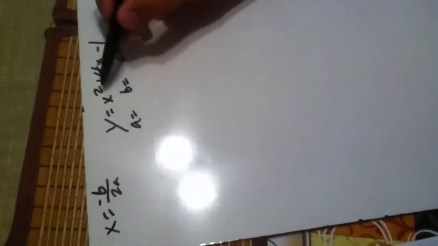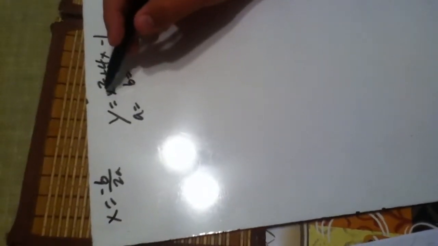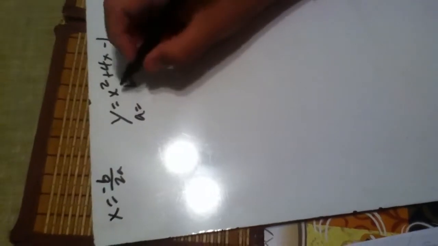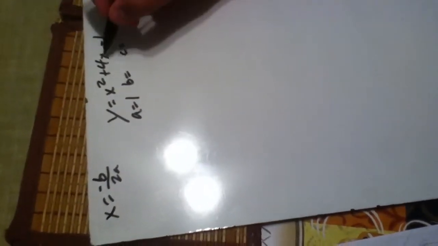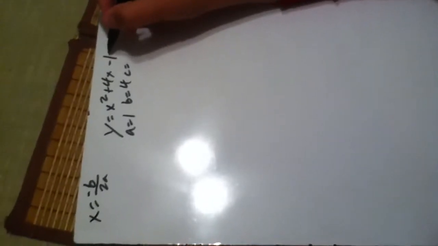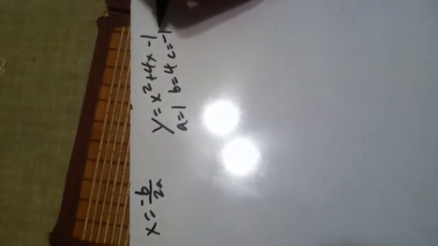The a is the coefficient of x squared, and coefficient means that it's in front of it. There's nothing in front of x squared, so it's just 1. Then b is the coefficient of x, which is 4. And then c is the constant, which is negative 1.